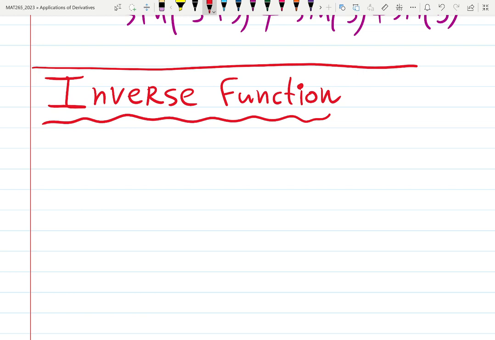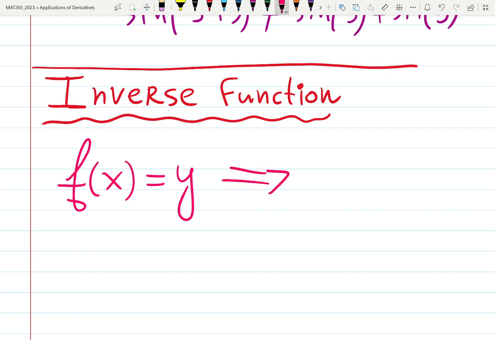But do you remember the horizontal line test, vertical line test, those things? I like drawing this cute picture to explain what an inverse function is. If you have, that's going to be a definition, I guess, f of x equals y, or y equals f of x, it can be reversed.